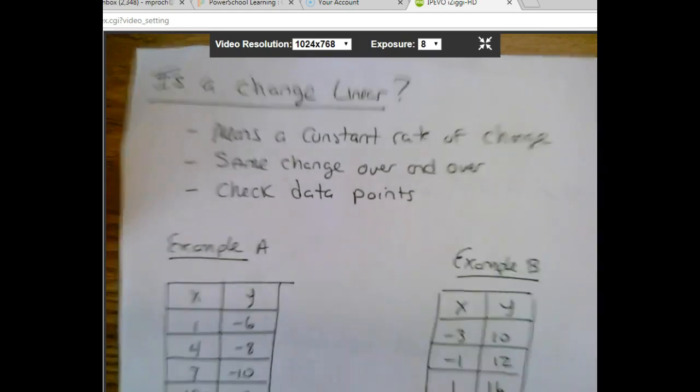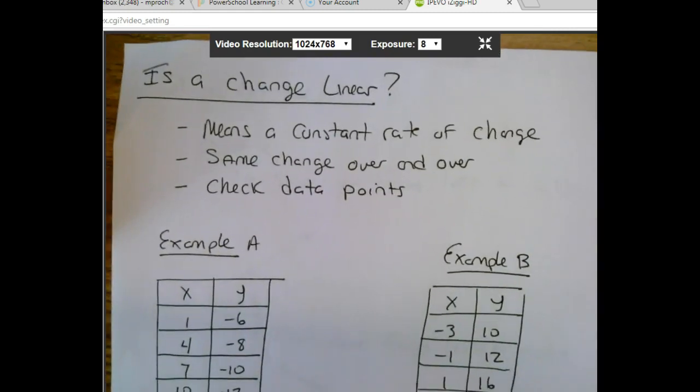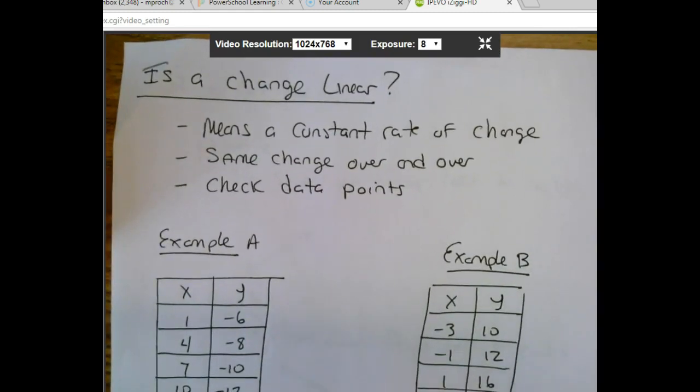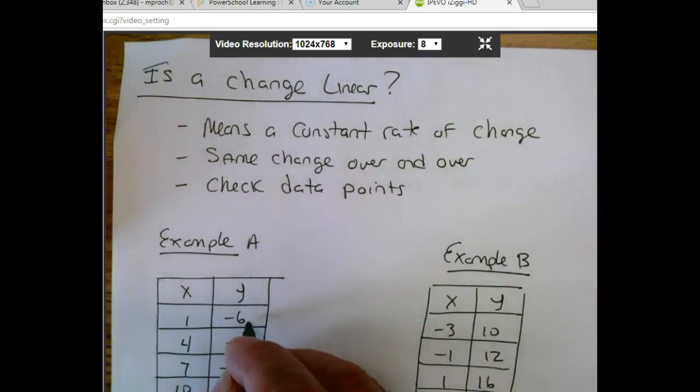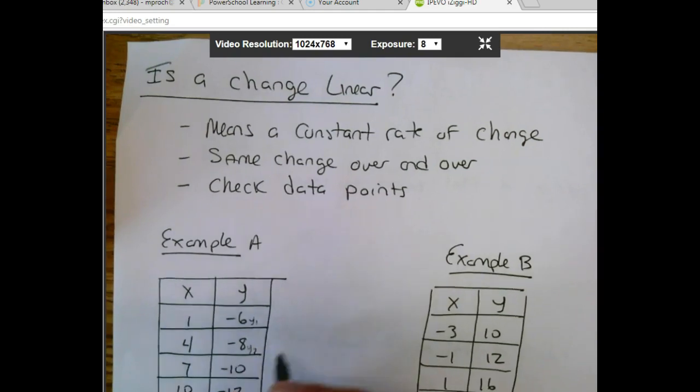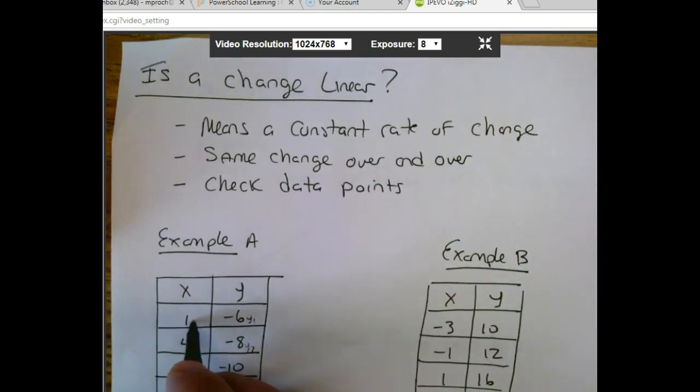And by linear, it means the change is the same. And you can see that here. It means a constant rate of change, and it's the same change over and over. And you just need to check data points. Okay, so what we want to do is figure out two of these, and we can use our data points here and figure out the change. So we can make this y1, y2, and then x1, x2, and we could do the math, right?